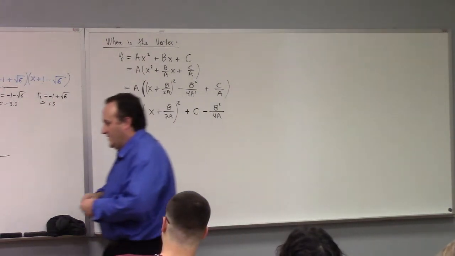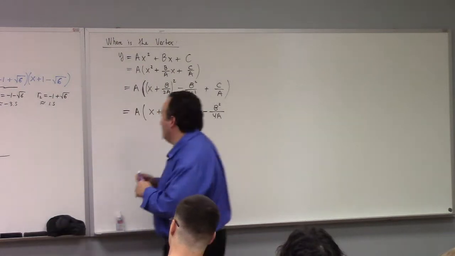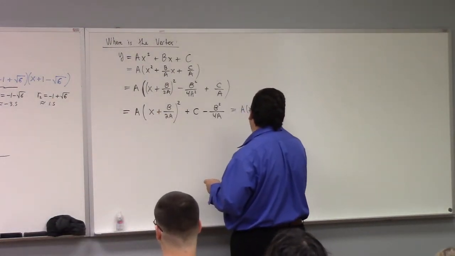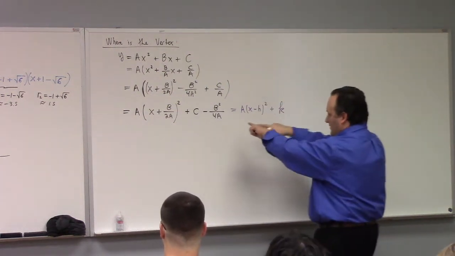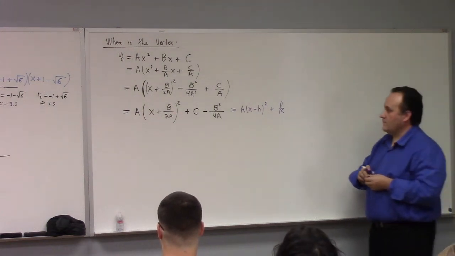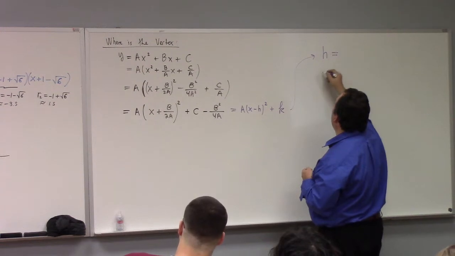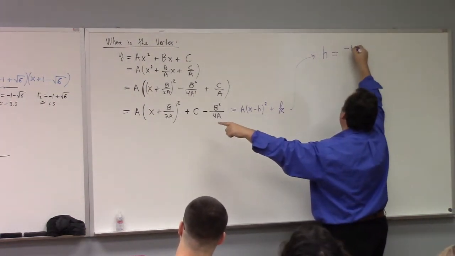But I've written it with a, b, and c, right? So now you can compare this to the vertex form, namely a times (x minus h) squared plus k. And if we compare these, what are the formulas? h equals what? h equals minus b over 2a.